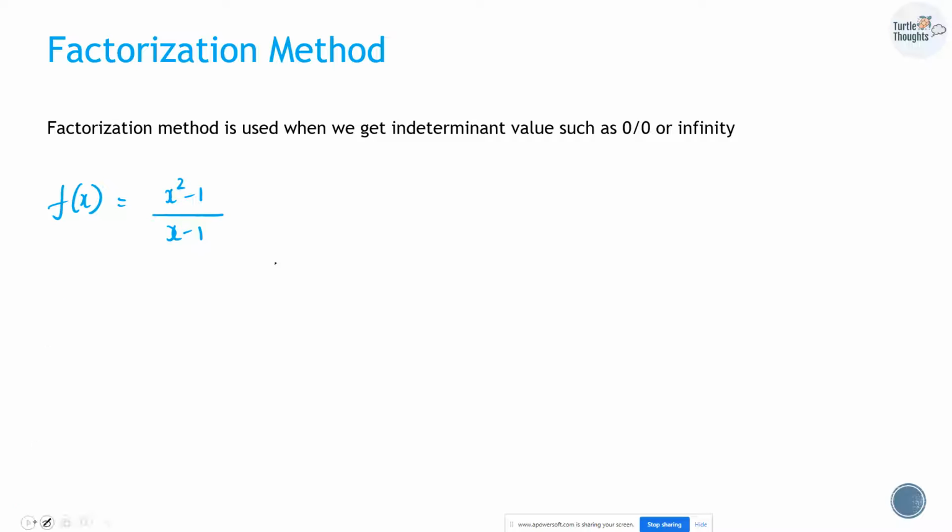Now, if I take the limit of the function f of x, which is x square minus 1 divided by x minus 1 as x tends to 1, let us see what is going to happen. So it is going to be 1 square minus 1 divided by 1 minus 1. The answer is going to be 0 over 0. Now this is indeterminate. You cannot find the value, right?